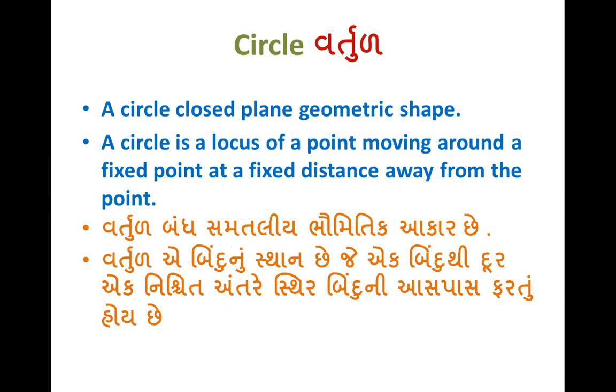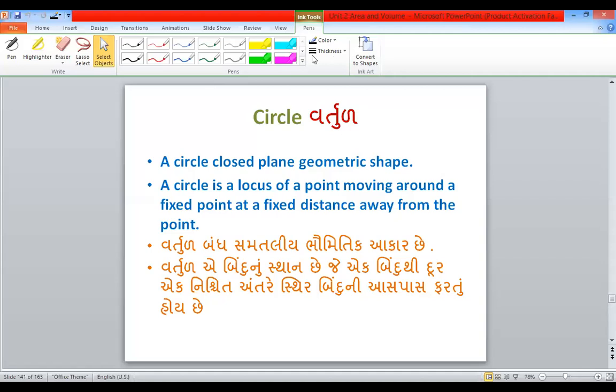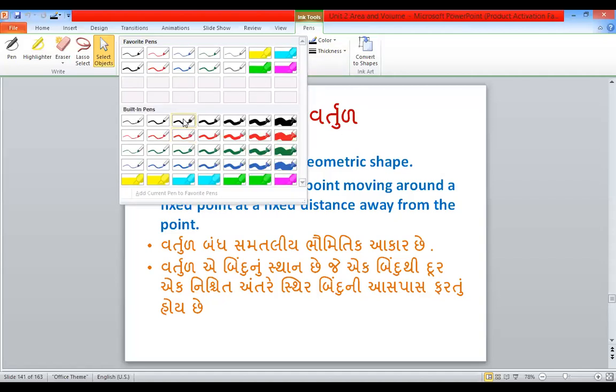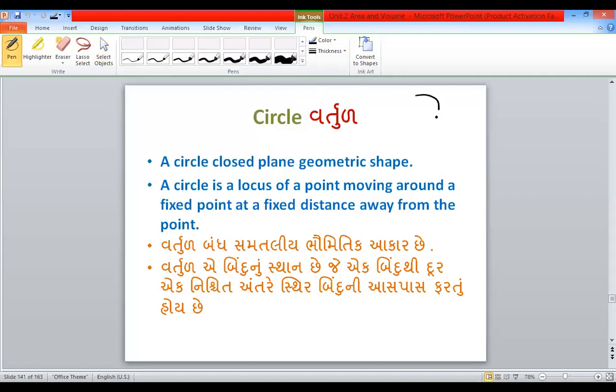Look here, you have the definition of the circle. I give you one beautiful example to understand it. If you have a circle, this is your circle, and this is the center of the circle. It's not an exact circle, because I'm not a good drawing teacher, but I'm trying to draw it, hope it looks like a circle.